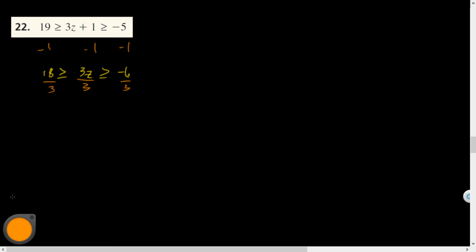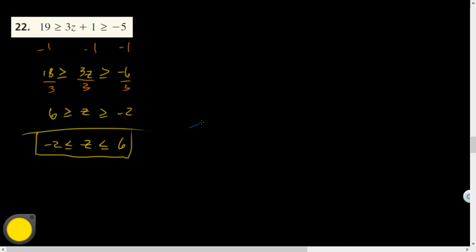Notice all 3 sides are being divided. So let's see. 6 is greater than or equal to z is greater than or equal to -2. And then I like to write this in least to greatest form, so I'm going to flip the whole thing around like so. And so this is an and situation.